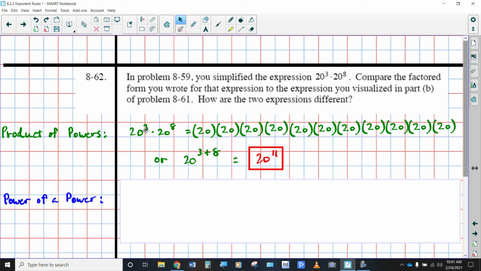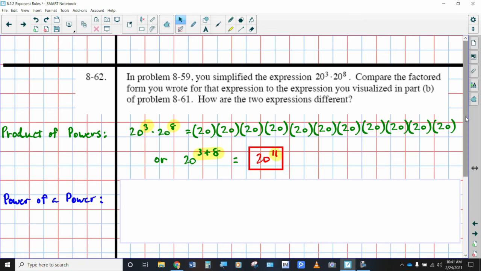And so you would just take 20 to the 3rd, 1, 2, 3 of them, and then 20 to the 8th, 1, 2, 3, 4, 5, 6, 7, 8. And how many total times is the 20 being multiplied together? 11 times. So the shortcut would be, when you're multiplying powers together, you add them and keep your base, right? Product of powers. Keep your base, add your exponents.